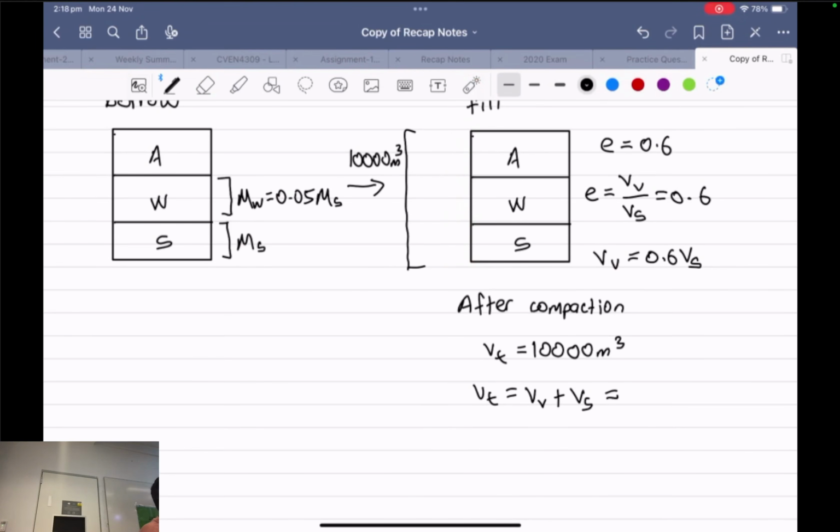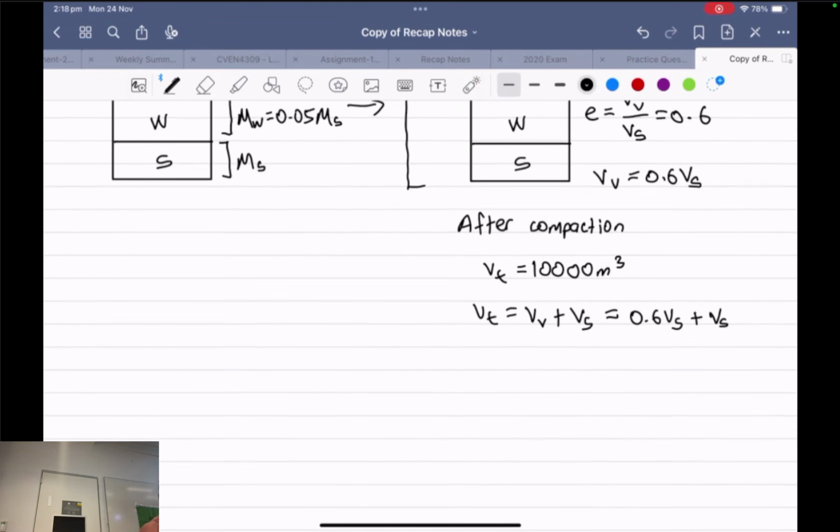We're saying that VV is 0.6 VS. That means that's equal to 0.6 Vs plus Vs. So we get all that in terms of Vs. So that means we have 1.6 Vs is equal to 10,000, which means Vs is equal to 10,000 divided by 1.6, which is 6,250.